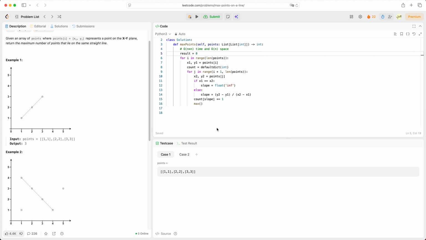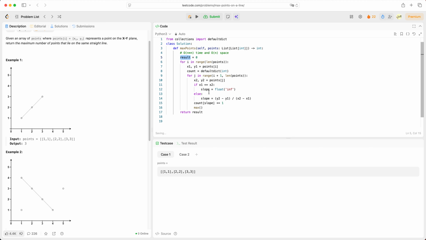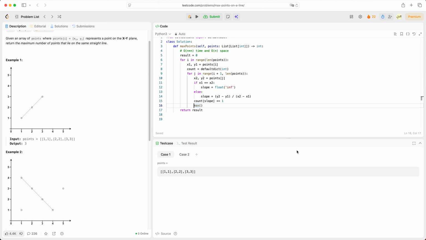I like to use the variable result because then it's quite clear that this is where the final solution will be. So inside the inner loop, I'm just going to update the result. So the result is going to be equal to the maximum between the result and our count slope, but +1. And that's pretty much it.